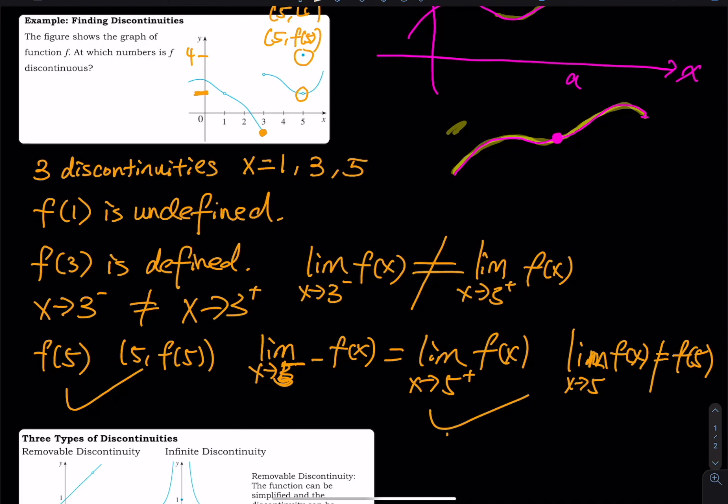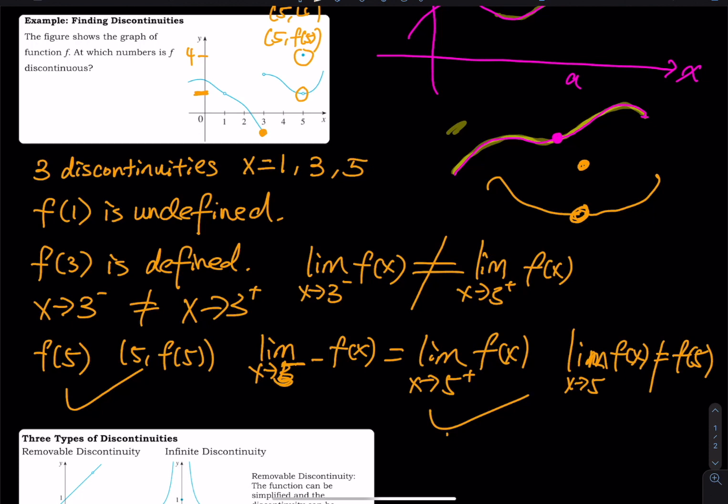However, it is not the solid point, right? So we have a car coming in from the left, a car coming in from the right at this point. However, the solid point is right there. So you cannot just drive a car through this road because this is an open circle. These two roads join at the same point, but at that point, it is not solid. So you still cannot pass through. So there is a discontinuity at x equals 5.